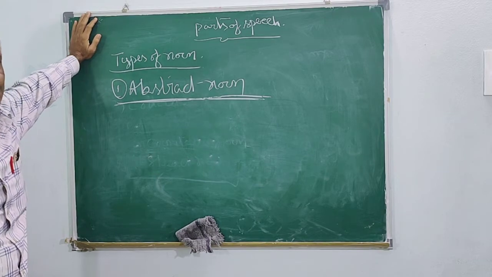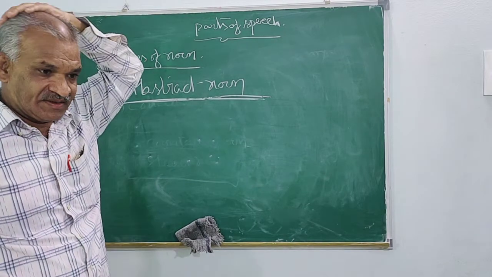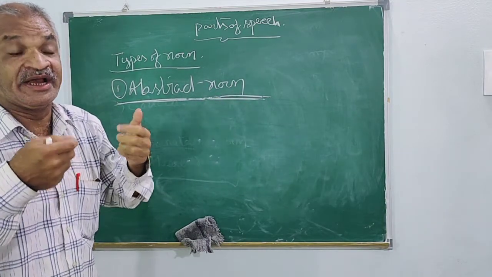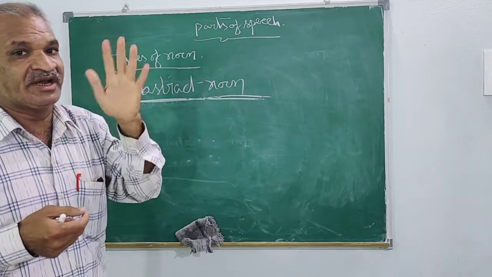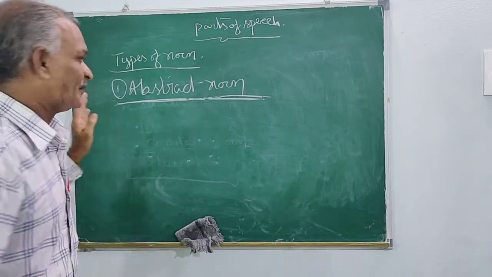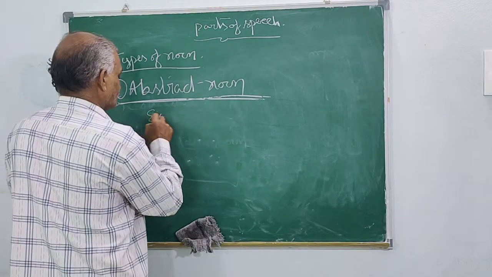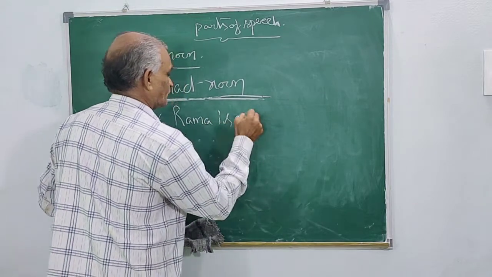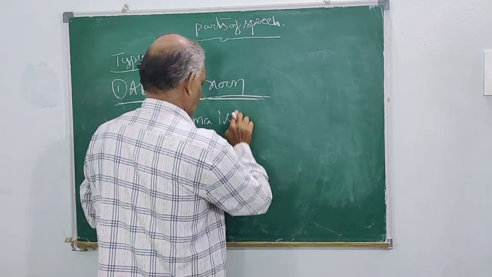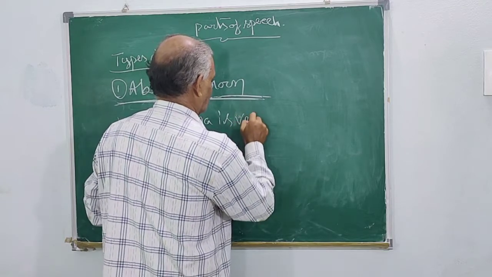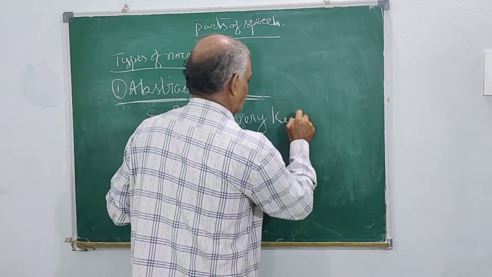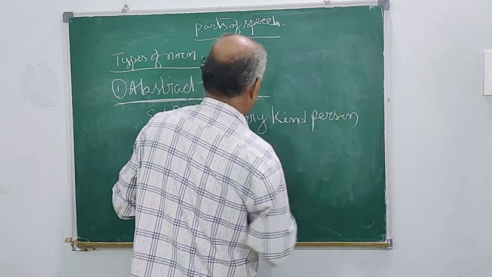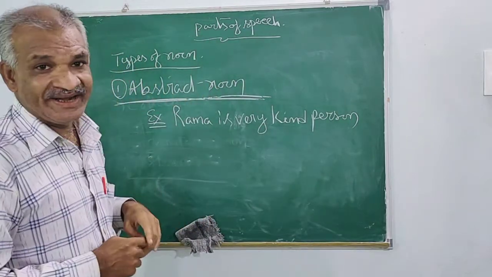This is the first rule. And another one is that you can feel it, but you cannot see it, you cannot touch it, you cannot do anything, but you can feel. Suppose Rama is a very kind person.